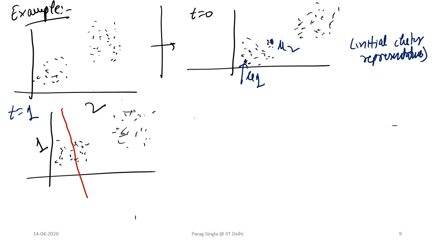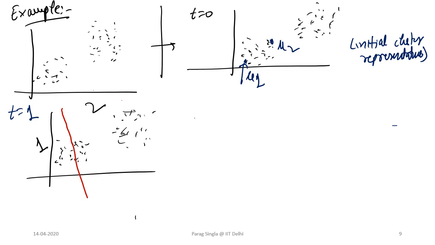This is in some sense a bisector of the line joining mu1 and mu2, because points in cluster 1 will be closest to mu1, and points in cluster 2 will be closest to mu2. So this is your clustering at time step t equal to 1.